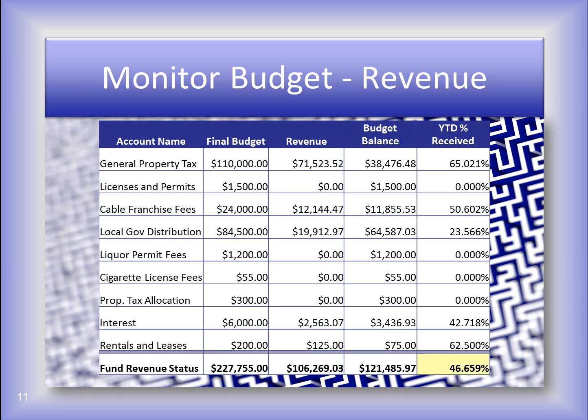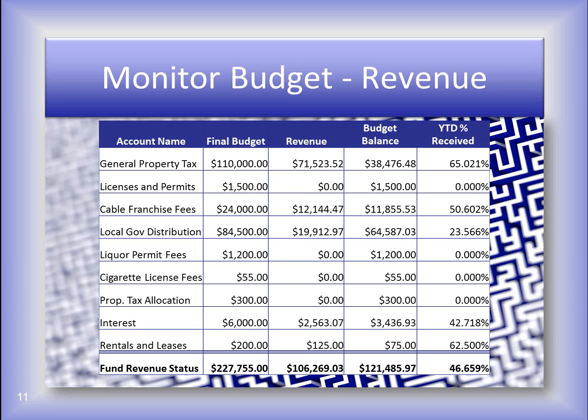When I look at the fund's percent year-to-date received, I need to understand if the percentage indicates the overall fund is on track based on when I should have these revenues. Evaluate individual accounts as well as the fund total, and keep your board informed about cash flow for funds that have a limited source of revenue. Remember our earlier chapter on changes to the amended certificate.